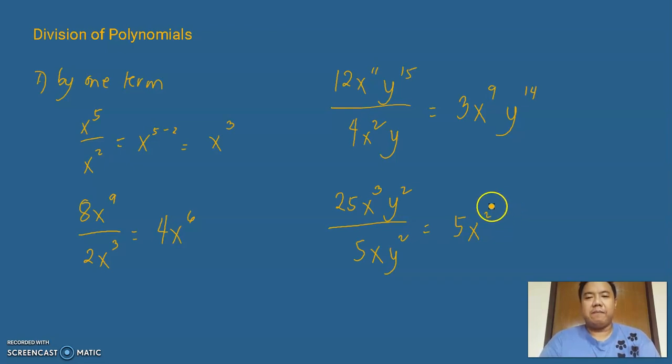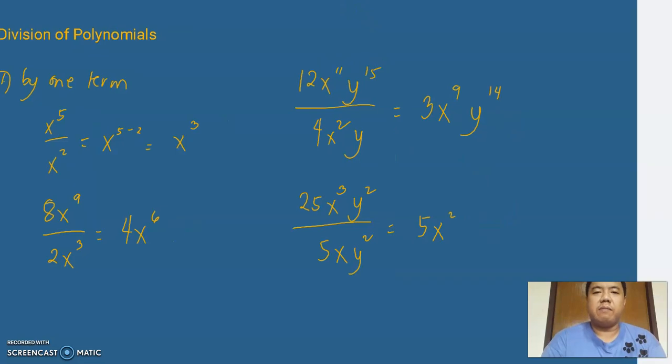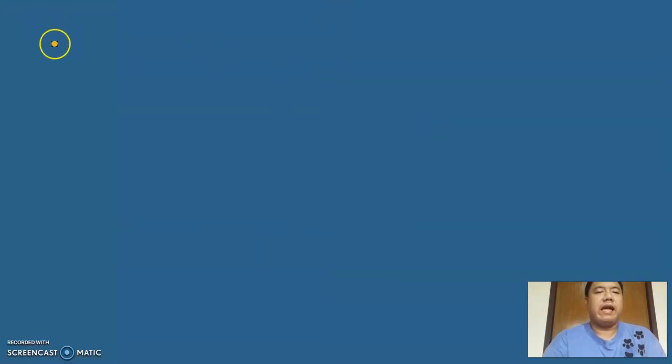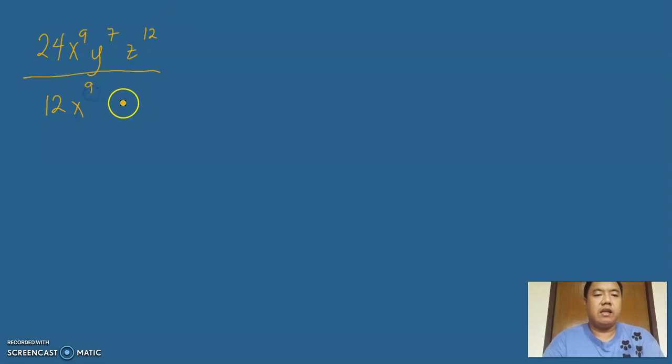Okay? Okay, let's have more examples. So if I have here 24 x raised to 9, y raised to 7, z raised to 12, all over 12 x raised to 9, y, z raised to 3.